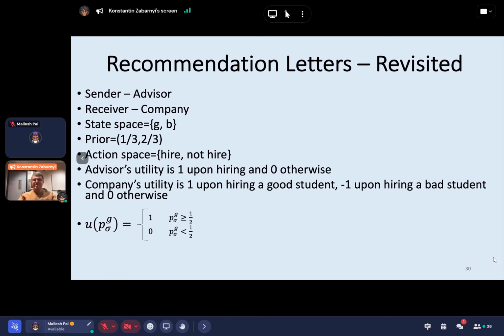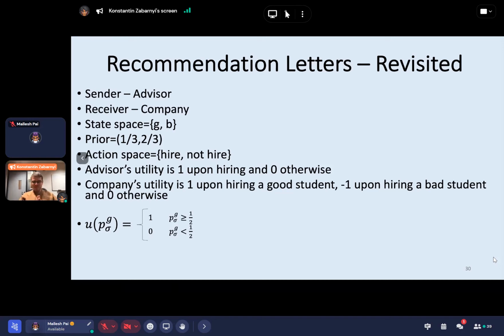So let's compute the indirect sender's utility. And because there are just two states, we can actually consider the indirect sender's utility to be a function not of the posterior, but only of the first coordinate of the posterior, because they sum up to 1. It's a distribution. So let's compute U as a function of the posterior probability of the state to be good.